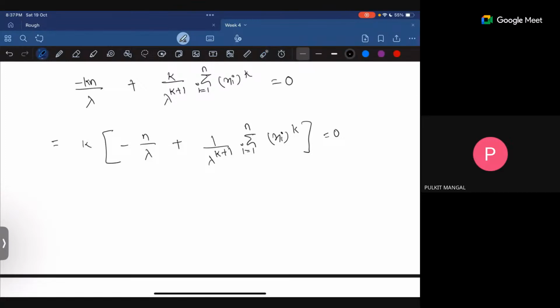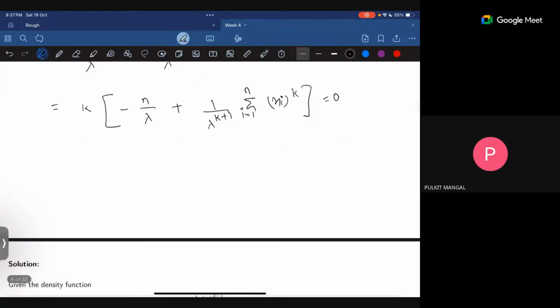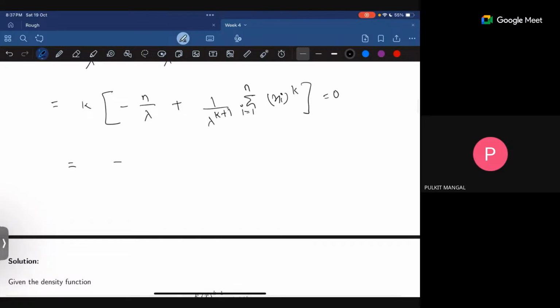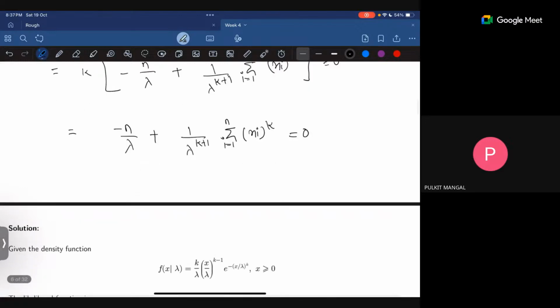Because k is given to be greater than 0, I can write this as minus n by lambda plus 1 upon lambda power k plus 1 summation from i equal to 1 of xi power k equal to 0.